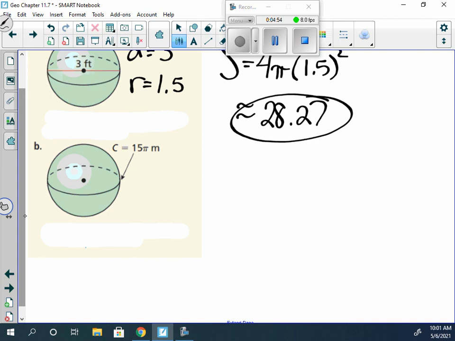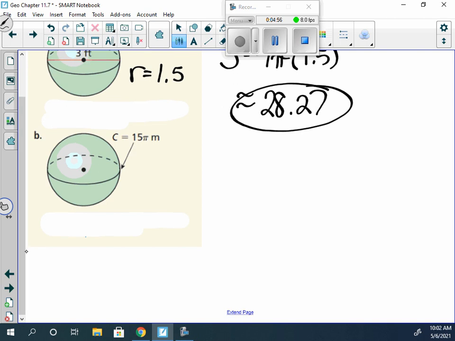Now the next one they gave us, they told us that the circumference is 15 pi. Well, 15 pi is equal to 2 pi r. We have to find the radius first before we can solve.